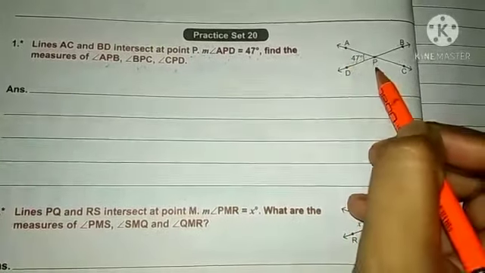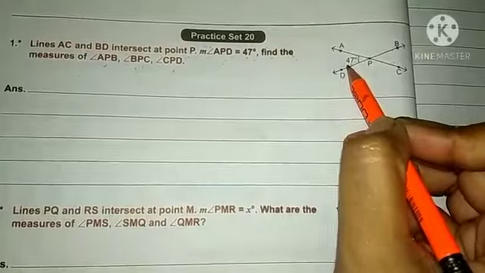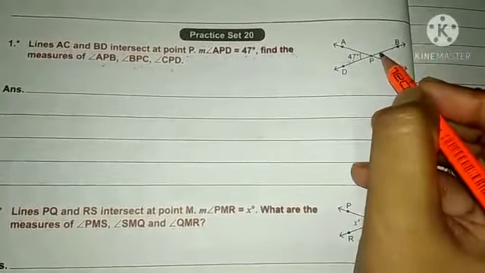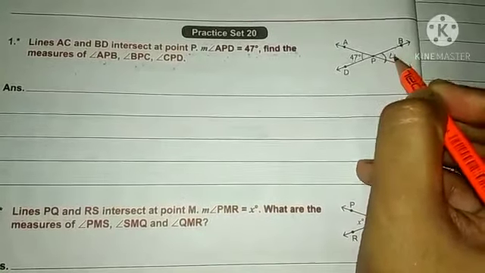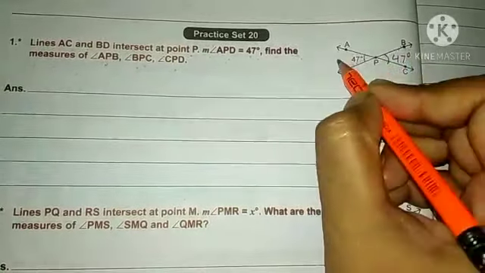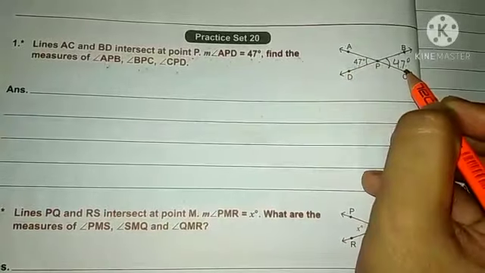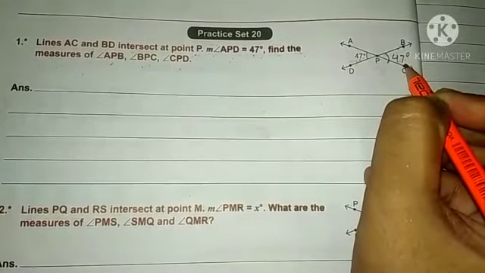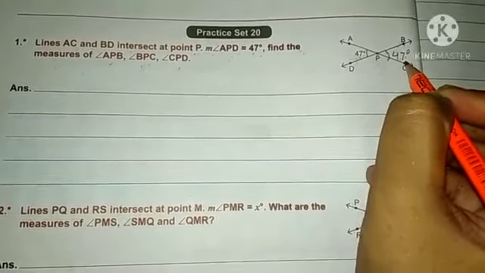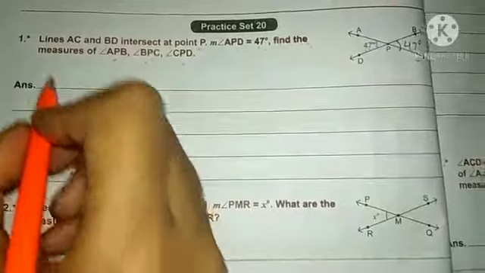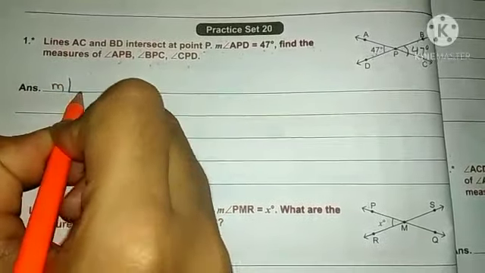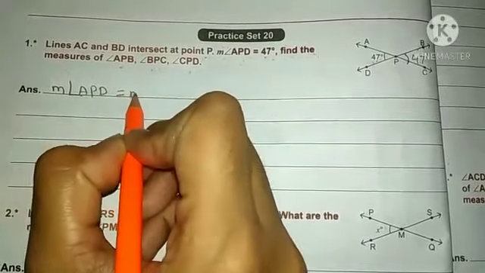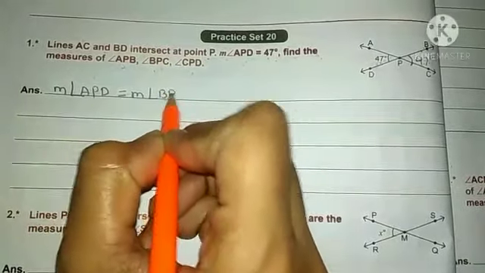Now tell me, if APD is 47 degree, what will be the measure of angle BPC? Yes, here the measure of angle BPC is also of 47 degree. Why? Because both angles are vertically opposite angle, and just now we have studied that vertically opposite angles are always congruent. Clear? So see how you will write down over here. Here you will write down that measure of angle APD is equal to measure of angle BPC.